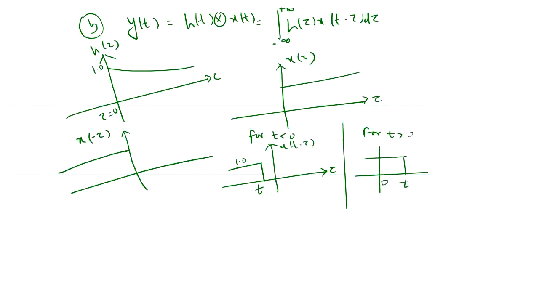So we consider both cases, when the shift is positive and when it is negative. When t is less than 0, the graph will shift toward the left-hand side, away from the origin. And when the shift is positive, when t is greater than 0, we get a positive shift.